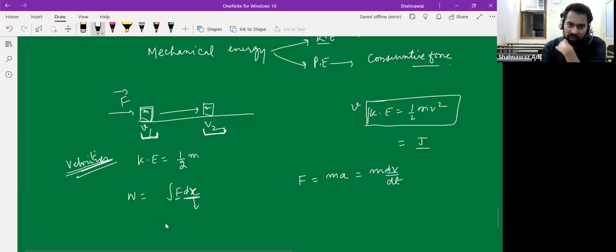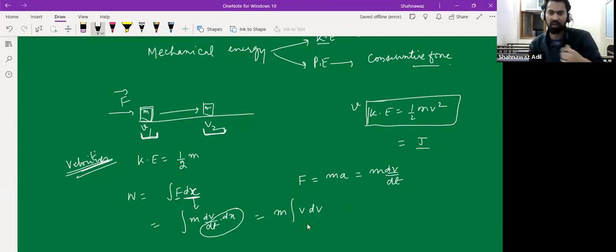So this will be m dv by dt, and this is dx. So dx by dt will become v, and this is dv. Now this integral looks good. The function is in the form of v, and the integral is with respect to v.